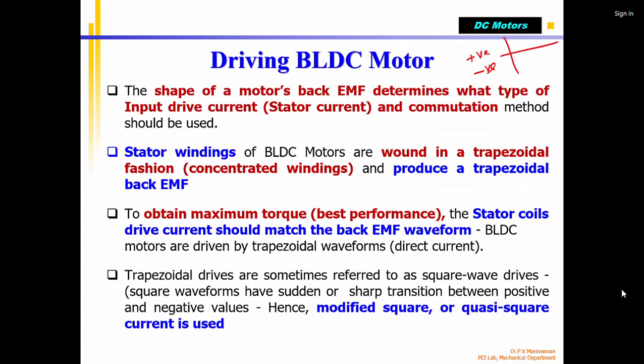If the applied voltage is positive, the back EMF will be negative. So the difference will be the final voltage applied in the stator coil. That voltage divided by the impedance of the coil gives the current flowing, which creates the resultant magnetic flux. IR is the resultant current. We can say VR equals V supply minus V back EMF.